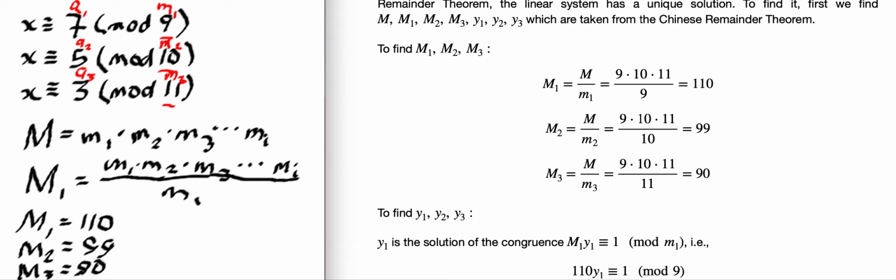What we want to do then is to isolate this y sub 1. Now we can simplify this 110 by getting its modulo 9. Since we are in the universe of modulo 9, we need to convert that back into something like modulo 9.